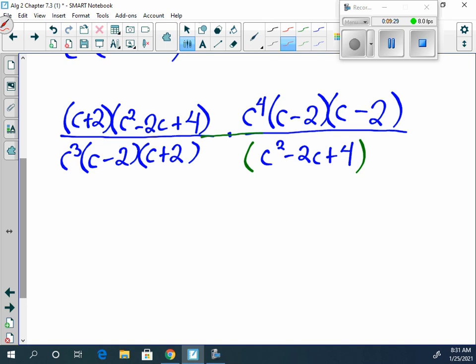So what's in common? So these are in common, yes? What else? c minus 2 and c minus 2, those are gone. c squared minus 2c plus 4 is in common on top and bottom. Anything else?